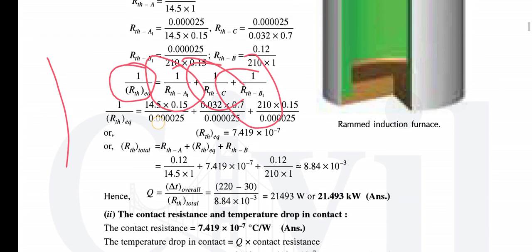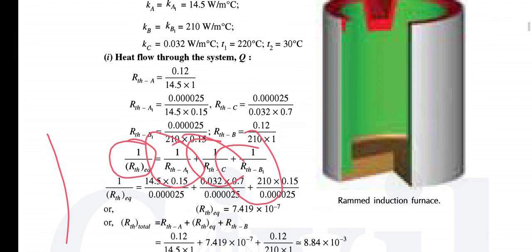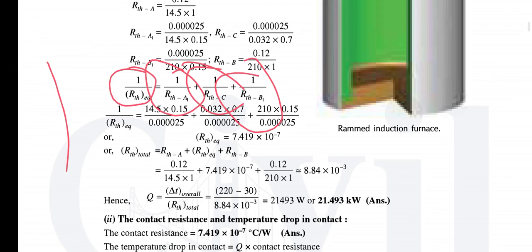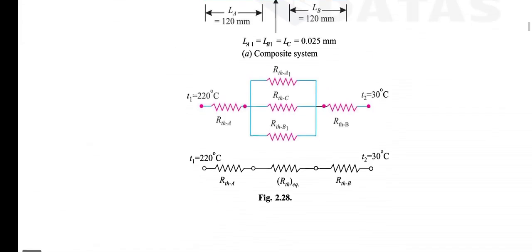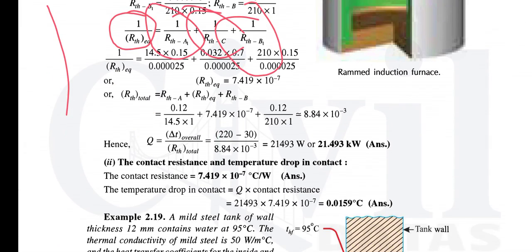And the rest is in series. Rest means R thermal A and R thermal B, which are in series. So the answer is 8.84 into 10 raised to minus 3.